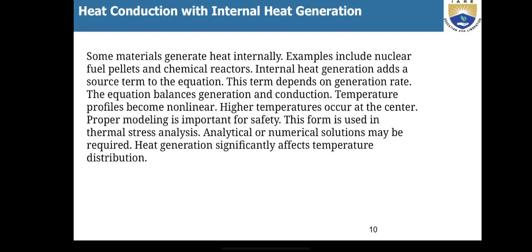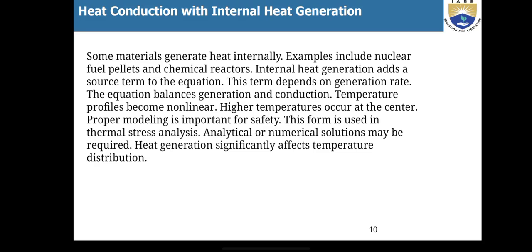Heat conduction with internal heat generation. Some materials generate heat internally. Examples include nuclear fuel pellets and chemical reactors. Internal heat generation adds a source term to the equation. These terms depend on the generation rate. The equation balances generation and conduction.